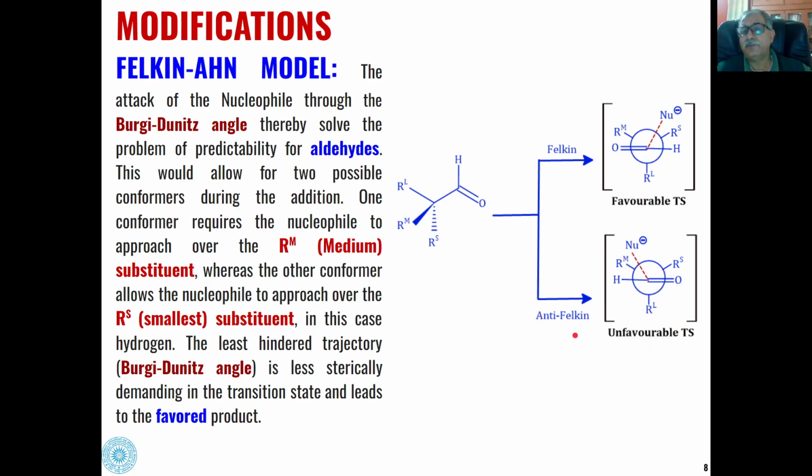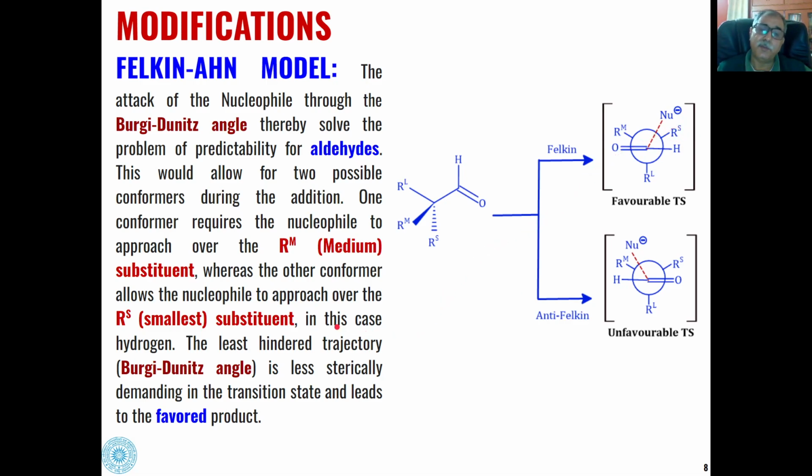Whereas in the case of the anti-Cram model, the attack of the nucleophile will be between the medium group and the smaller group, towards the medium group, whereas for Cram this should be at the side of the smaller group.